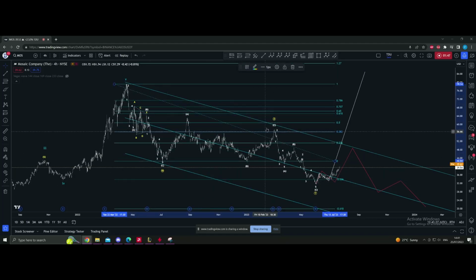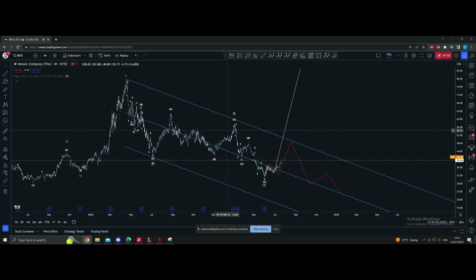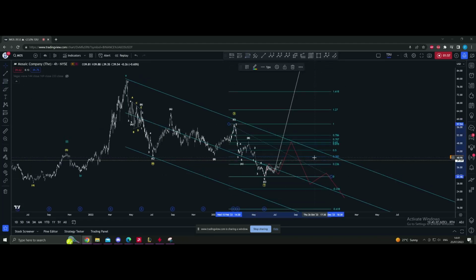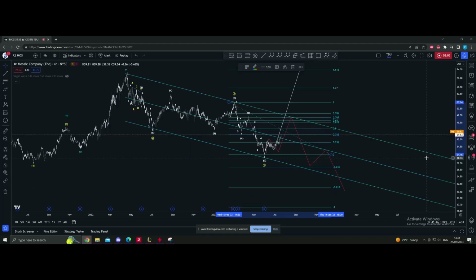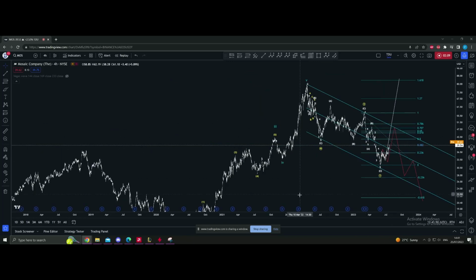So target hit. Now we know that bears will defend here 0.5, 0.618, which coincides with the channel that works better, I think, in logarithmic.